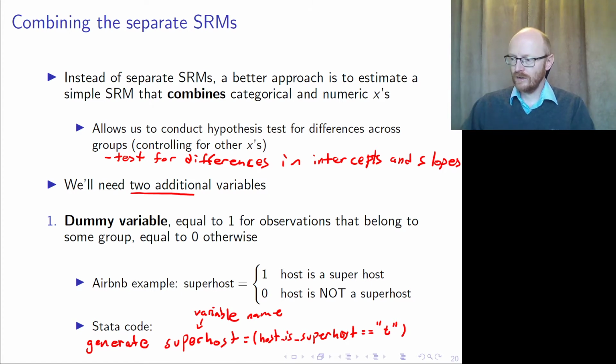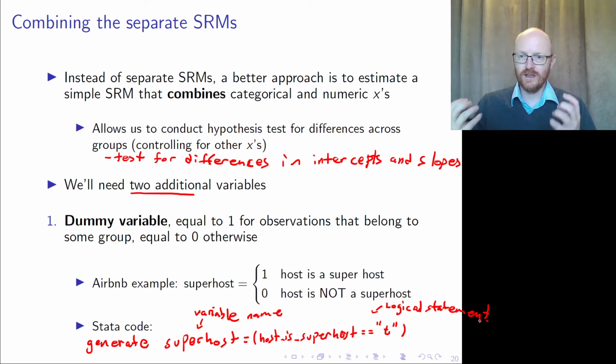So Stata checks whether host is superhost is equal to T, then it puts a 1 for true, and if not equal to T, then it puts 0. This is just a logical statement which is equal to 1 if it's true and 0 if it's not true.